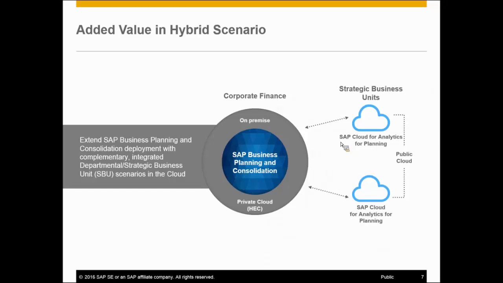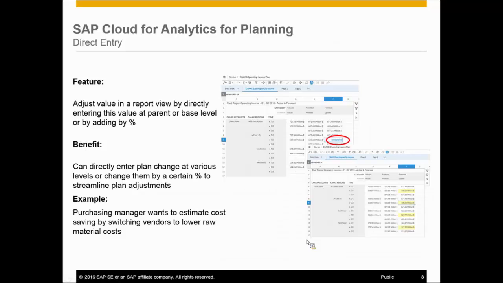Okay, so that is the added value of the hybrid scenario, and no other cloud application, I repeat, no other public cloud planning application offers this. This is offered only by Cloud for Analytics for Planning. So you can say that this is the competitive advantage that we have.